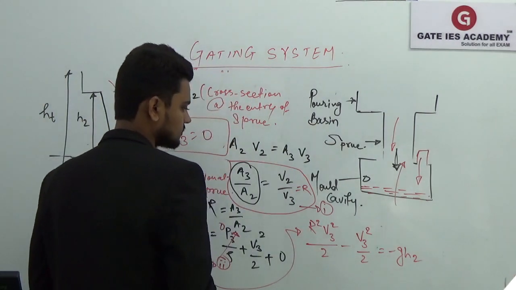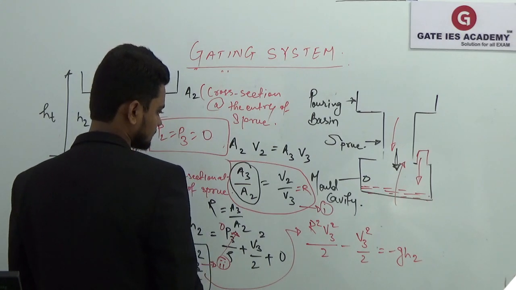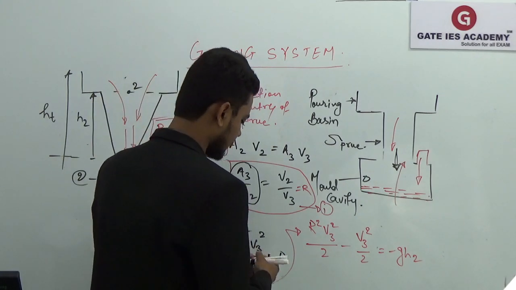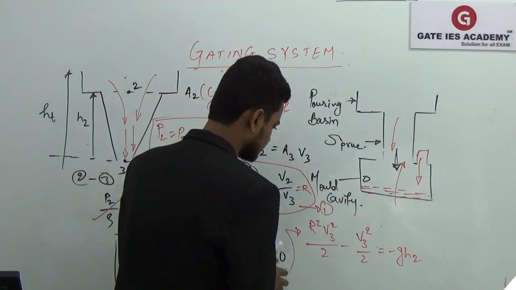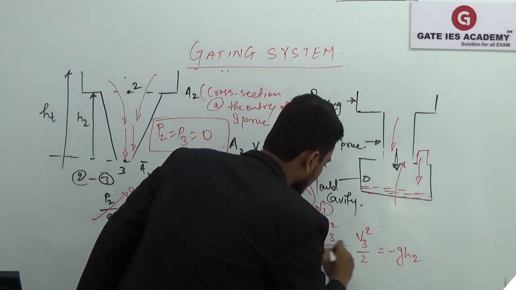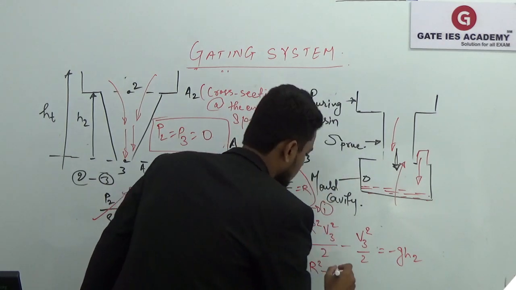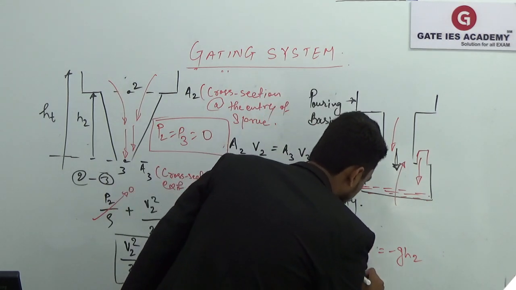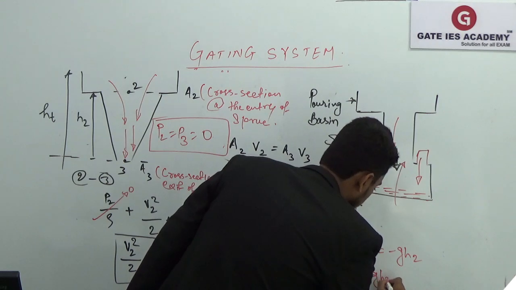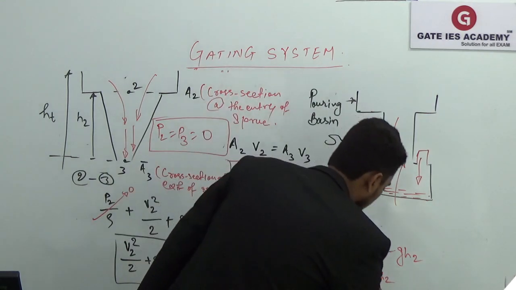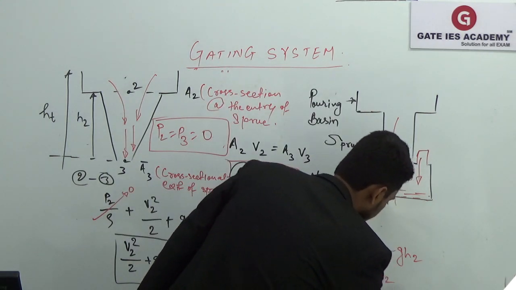So I can write R square minus 1 equals minus 2GH2 upon V3 square.